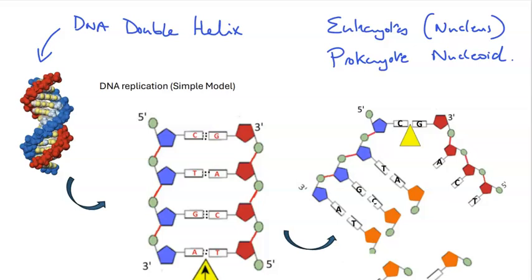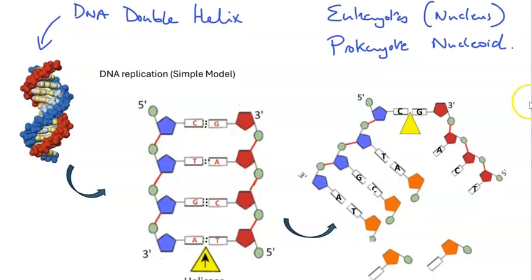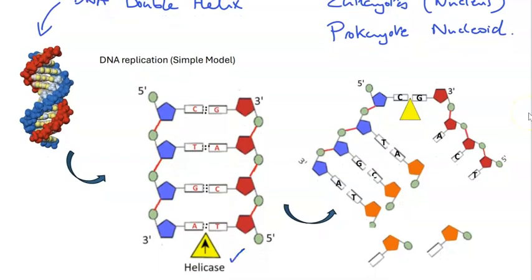So the first major item to consider is that the DNA molecule has to be unwound, and this is the action of DNA helicase. What DNA helicase will do is separate the two polynucleotide strands by breaking the hydrogen bonds between their complementary bases in the center.